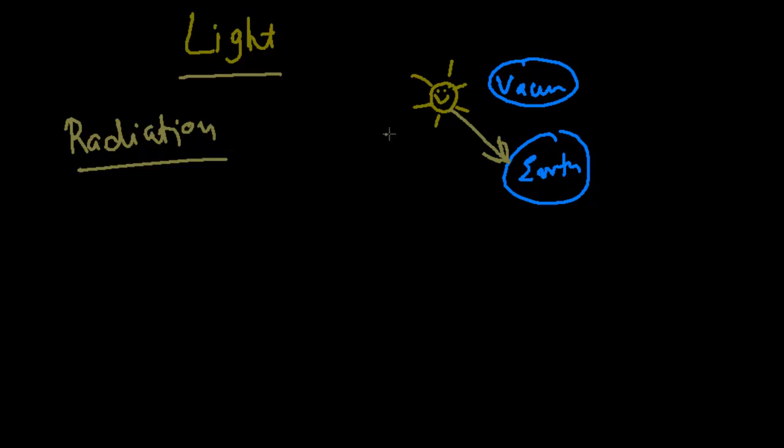So these are basically the forms of radiation. If you want heat to transfer in vacuum, it can, with the help of electromagnetic radiations. Electromagnetic radiation has a peculiar property: it can simply travel even in vacuum. It does not need any medium.